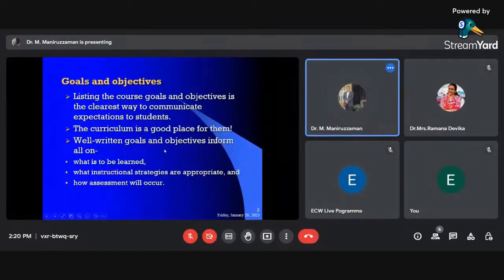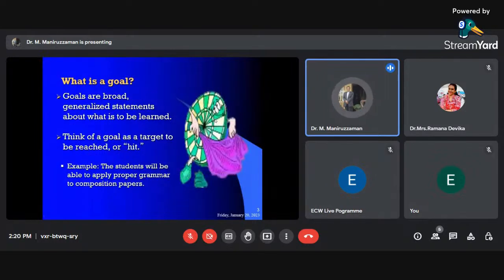Let's now try to understand what a goal means. Goals are broad, generalized statements about what's to be learned. Think of a goal as a target to be reached or hit. For example, the students will be able to apply proper grammar to composition papers.